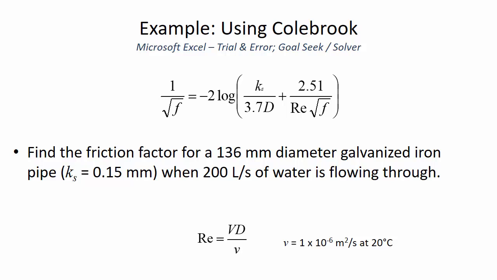So the Reynolds number is this velocity, 13.77 meters per second, multiplied by the diameter of the pipe, 0.136 meters, and then divided by the kinematic viscosity for water, 1 times 10 to the minus 6th meters squared per second. Okay, so that Reynolds number is 1,872,413.